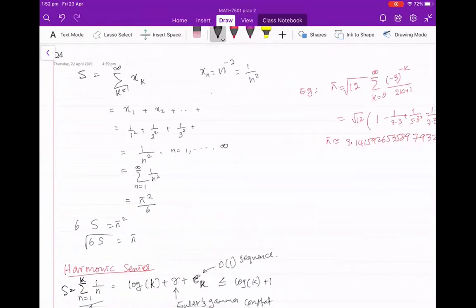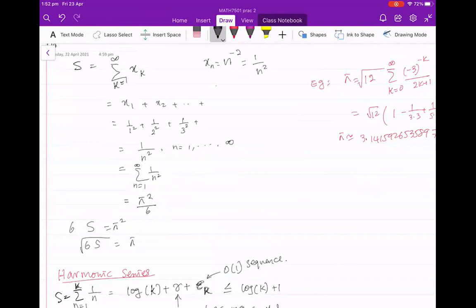Okay, so you got up to here. S is the sum, and then you would rearrange this to get pi equals square root of 6 times the sum. All right, that's what you would need to code. I've got the coding done already, but because I'm running out of time, let me show this.